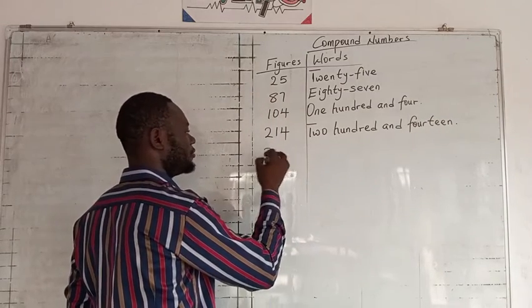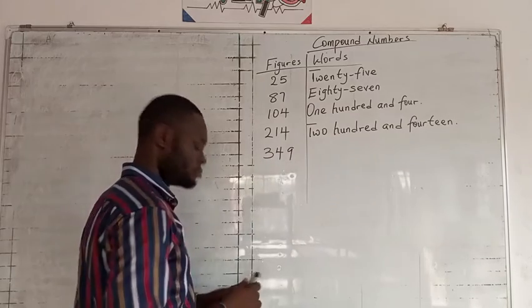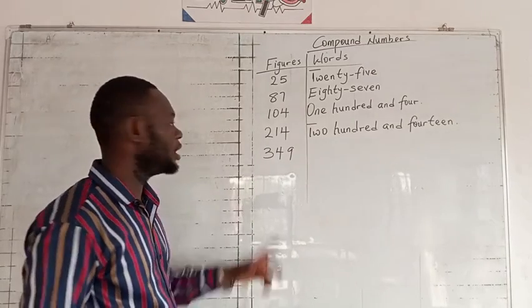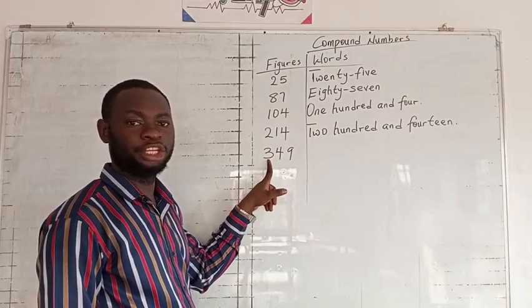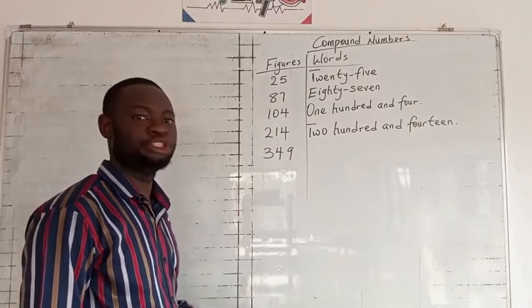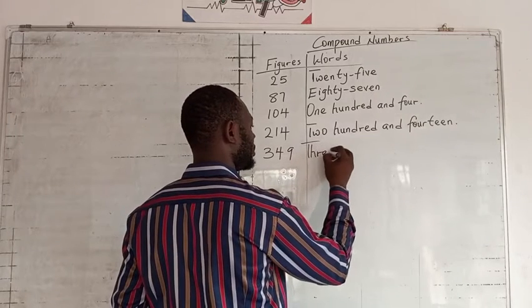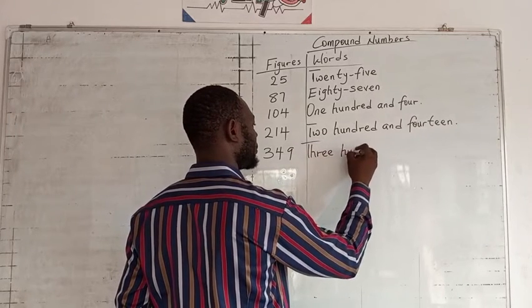And let's say I have here 349. This is another compound number made up of 300, an ending number, 40, an ending number, and 9, a unit number. So this is spelled out.